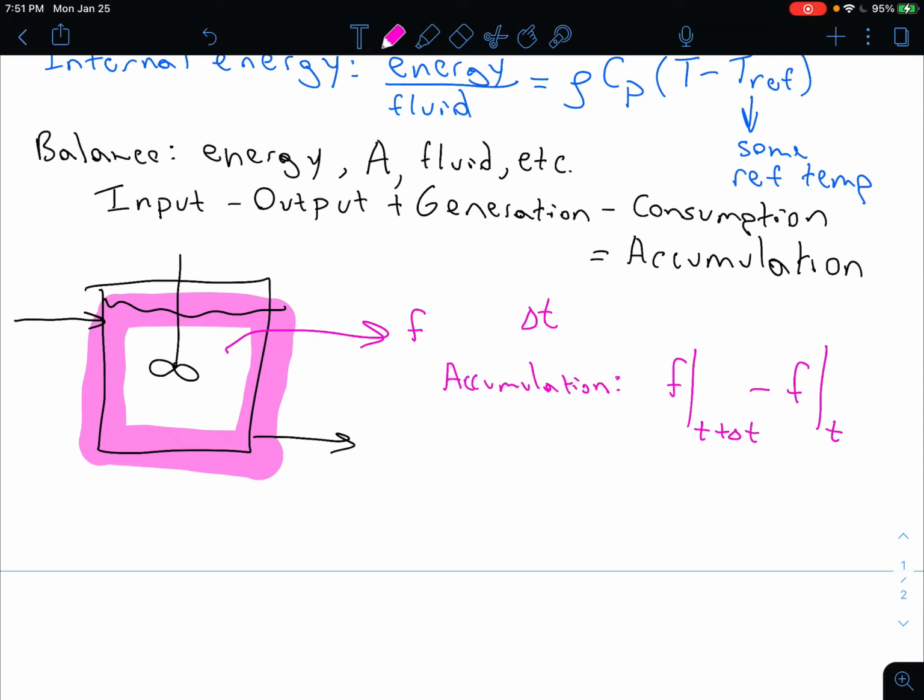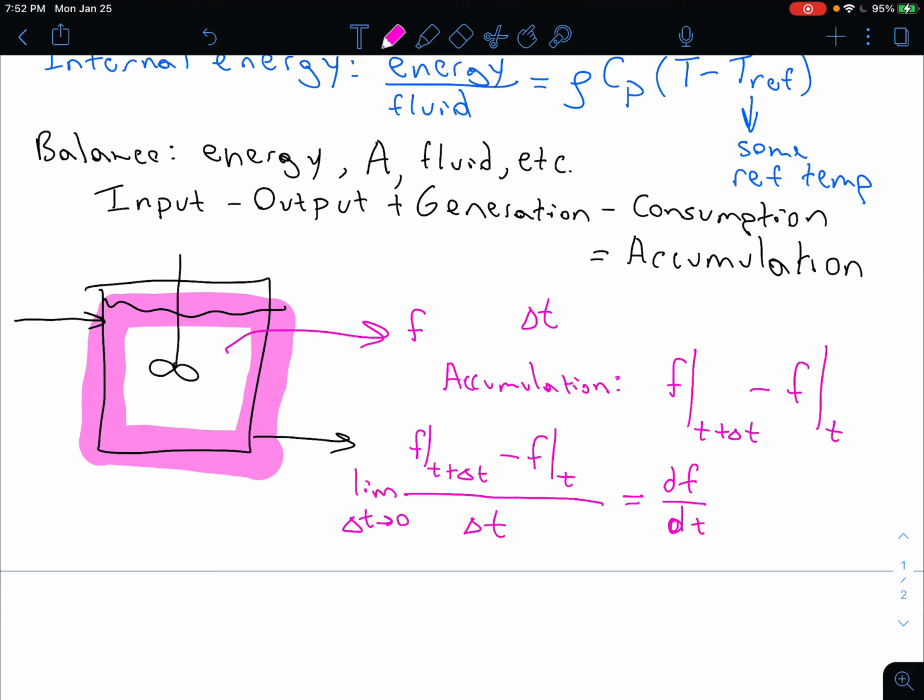And we're also going to use the following definition. So if I now take F at t plus delta t and subtract F at t and divide through by delta t and take the limit as delta t goes to 0, so the smallest possible step, this by definition is going to be dF/dt.